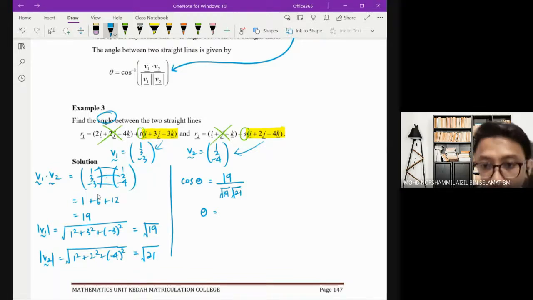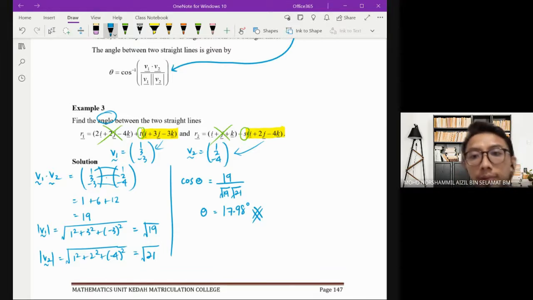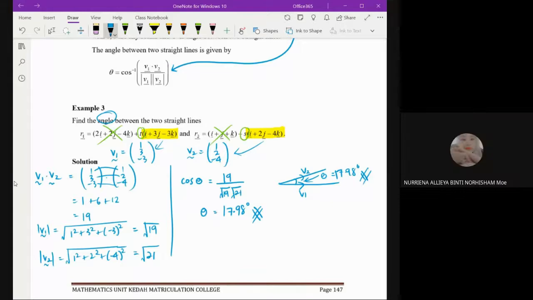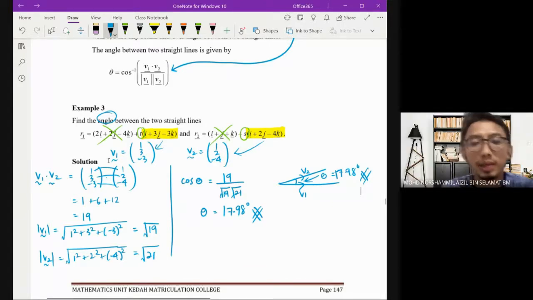Okay, cantik. You get theta is 17.98 degrees. So means that V1, V2, this angle theta is 17.98. Is that okay guys? Boleh tak? Boleh, sir.